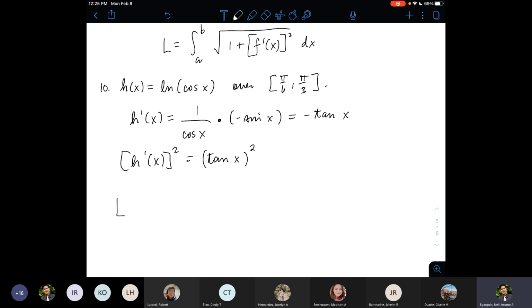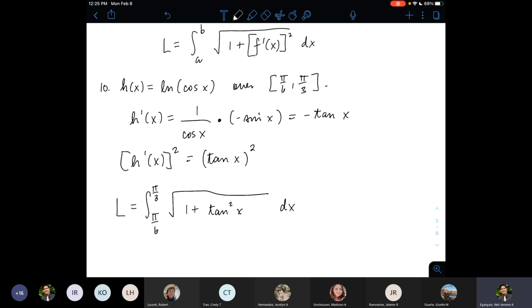And then I'll put it inside the formula for the arc length. So I'll have the integral. I know the interval AB, so I'll have pi over 6 until pi over 3 of the square root of 1 plus derivative squared, dx.